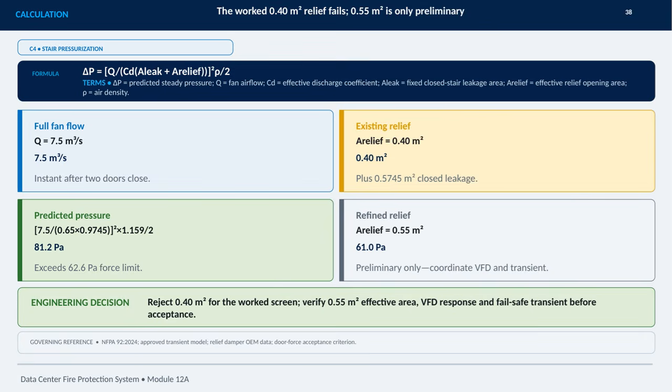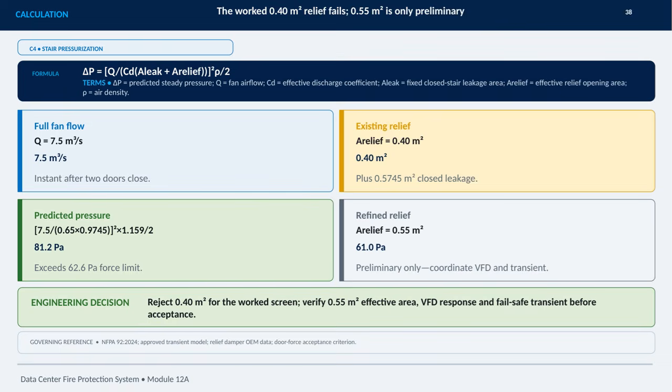With a fan flow of 7.5 cubic meters per second, the existing 0.40 square meter relief is combined with 0.5745 square meters of closed stair leakage. Using the stated values, the predicted pressure is 81.2 pascals. That exceeds the 62.6 pascal door force limit, so the worked 0.40 square meter relief is rejected.